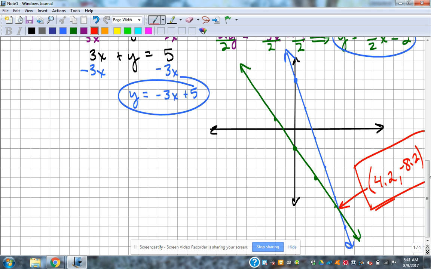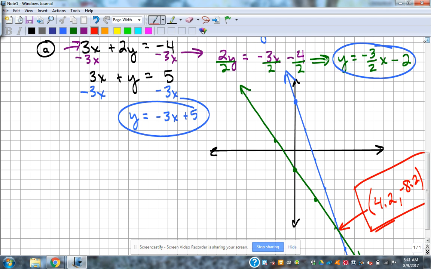How do I know before I even graph it if there's one solution? What about those equations that are circled there? Tells me that they will cross. Not necessarily the negatives, but we're looking at two straight, slope-intercept form lines.